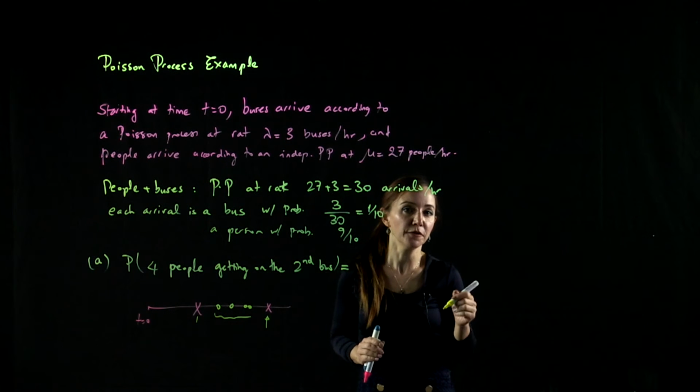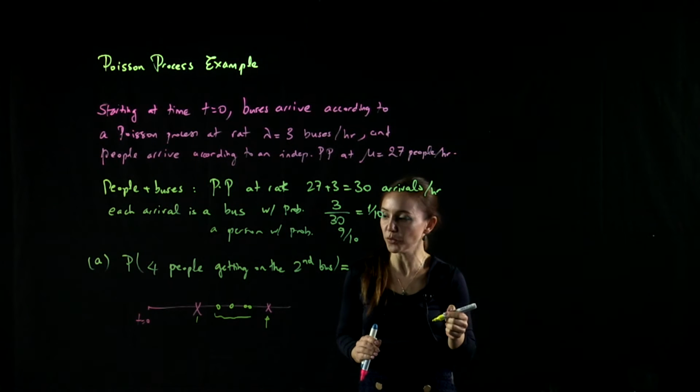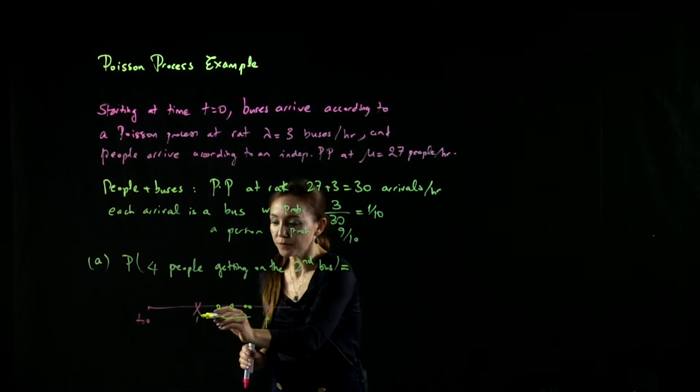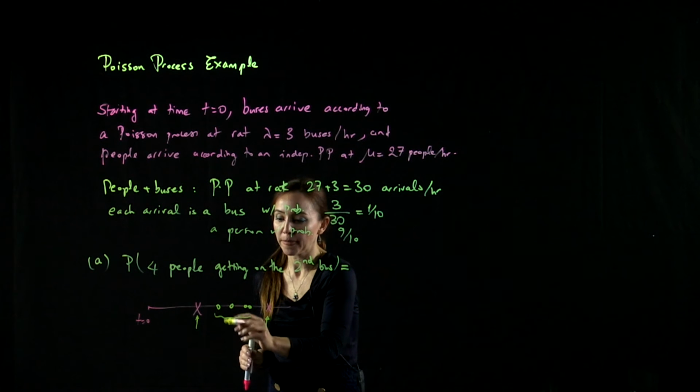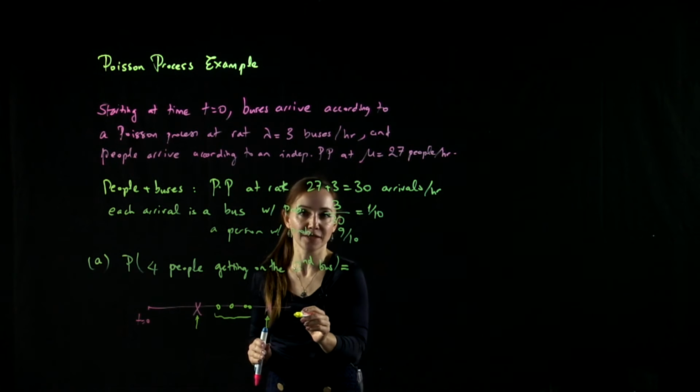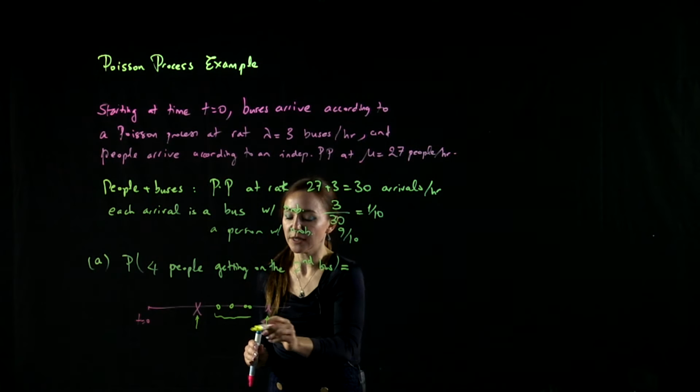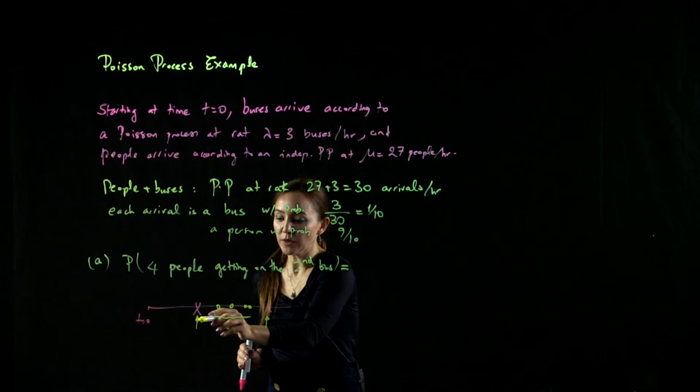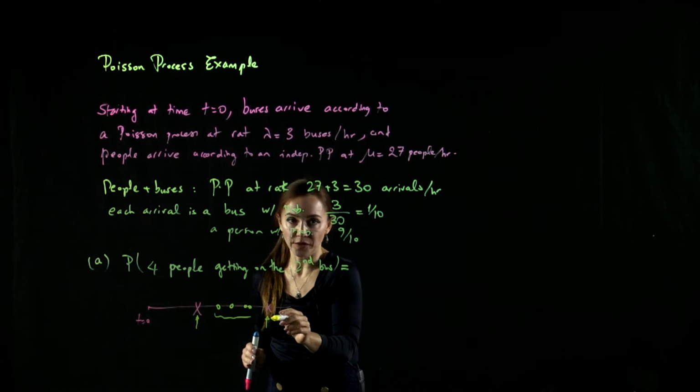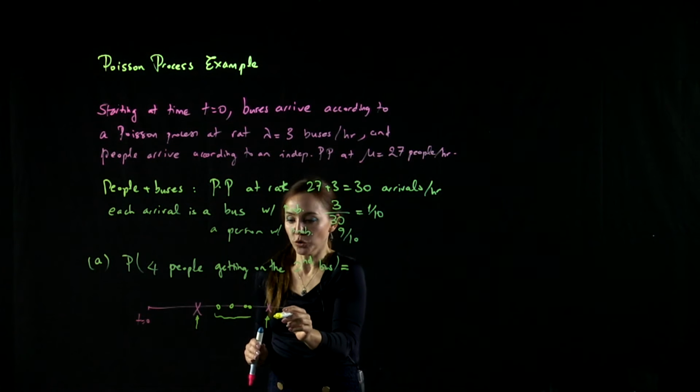But by the fresh start property of the Poisson process, at this point, the joint process is restarting such that when viewed from this time forward, it is a Poisson process.